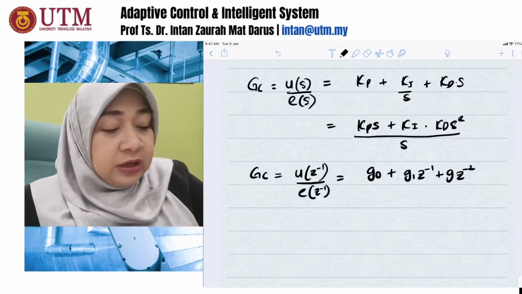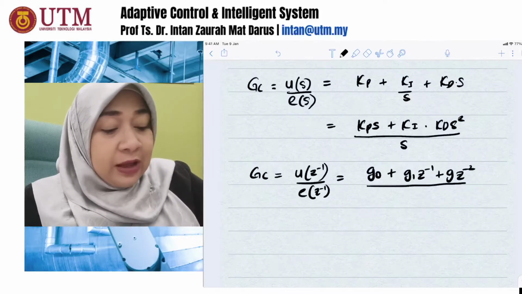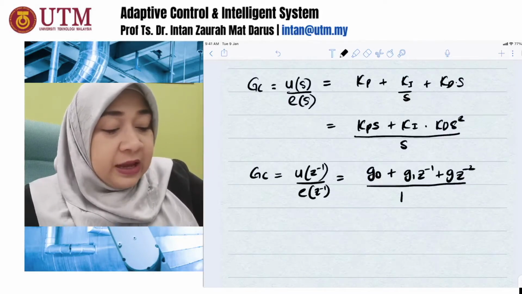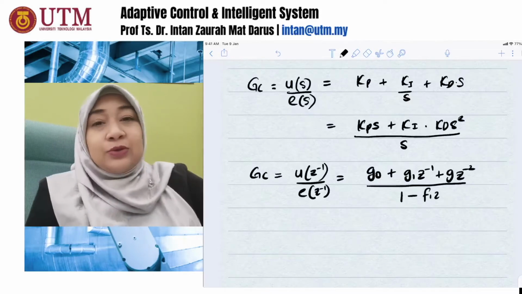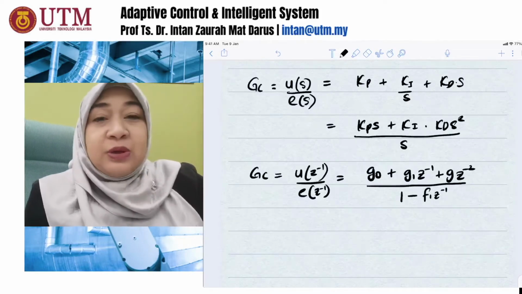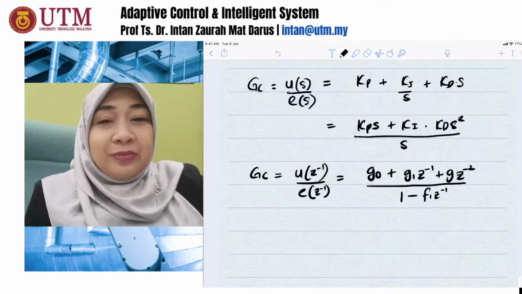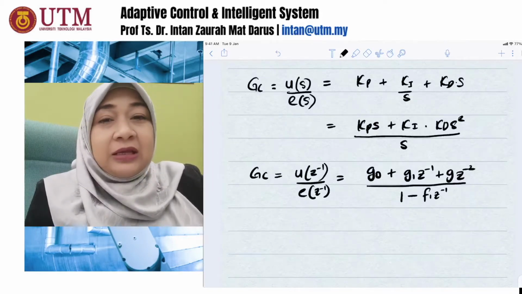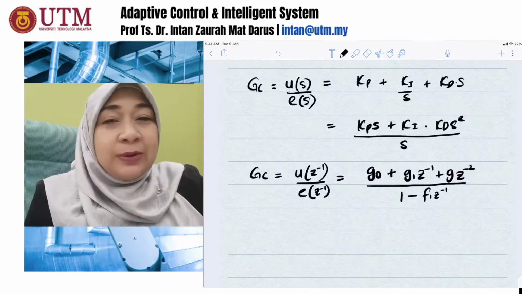Similarly for your F, the polynomial F is going to be 1 minus f1 z^-1. You might ask, can we have it become 1 plus f1 z^-1?